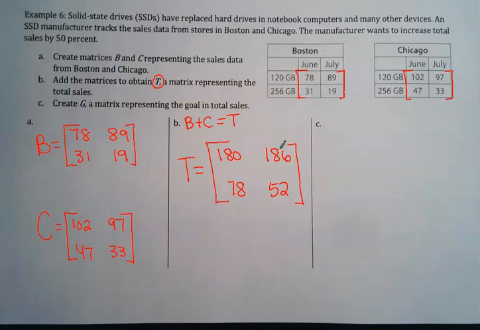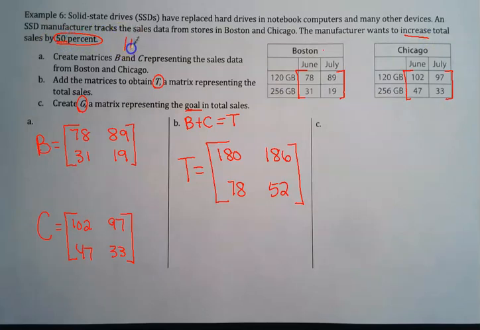Okay. Next up, step C. Create G. So now G is the name of our matrix, a matrix representing the goal in total sales. Okay, so what is the goal in total sales? We want to increase the total sales by 50%.